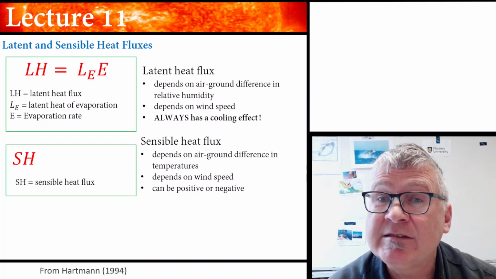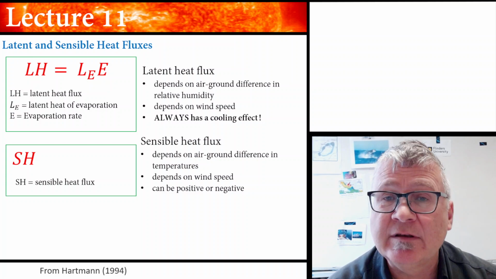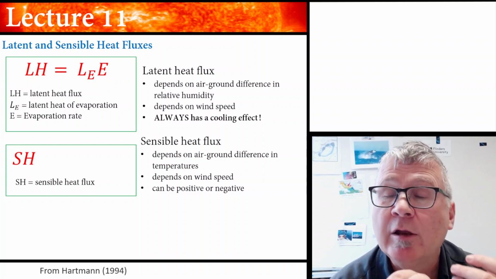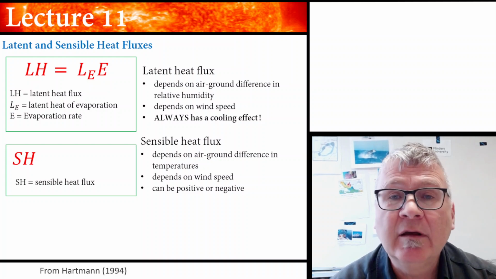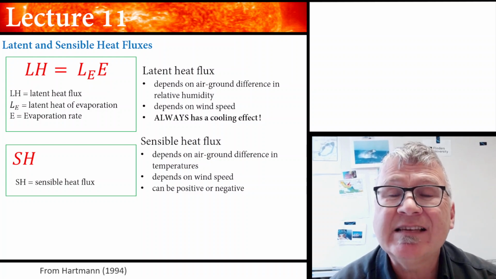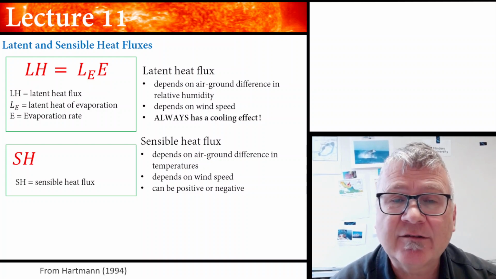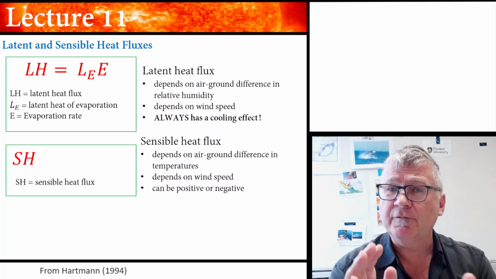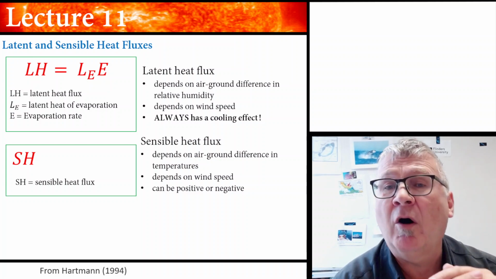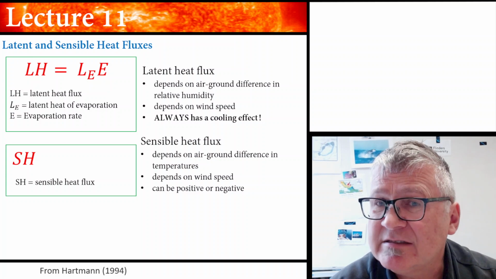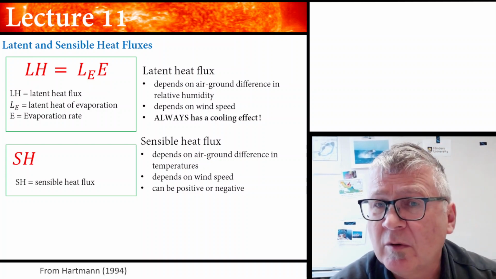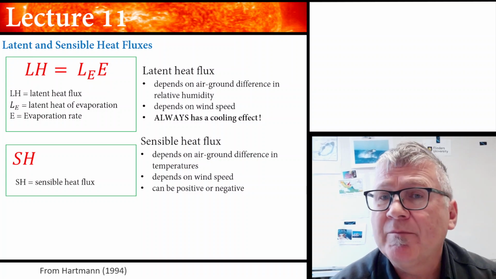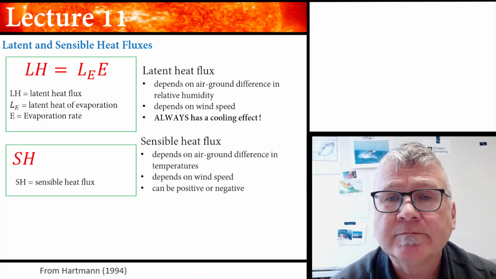That tells you the sign, so it can be positive or negative. It also depends on the wind speed. If you have no wind, there will be no sensible heat flux. That's an important feature on smaller scales. If you think about cooling effects, you need the wind exposure as well.